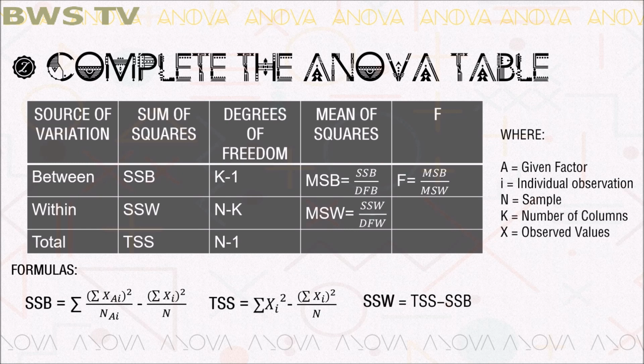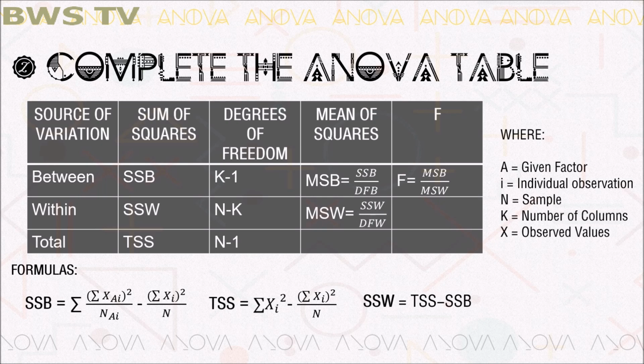Next, we will proceed to completing the ANOVA table. In the table, you can observe 5 columns, namely source of variation, sum of squares, degrees of freedom or the DF, mean of squares, and F. You can also see SSB, SSW, TSS under the second column.